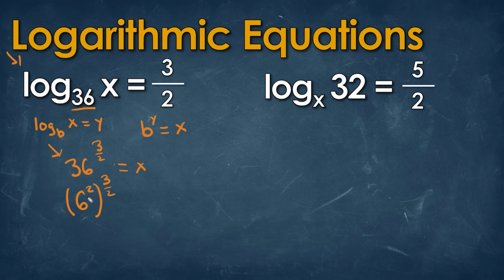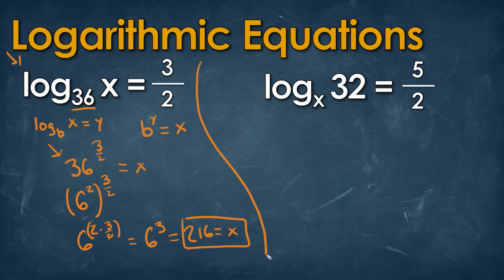Whenever we have something raised to a power and then raised to another power, that's the same for exponents as multiplying. So 2 times 1/2 for that exponent, the 2s would cancel out, and therefore we get 6 raised to the first power, which is 6, and that is equal to x.